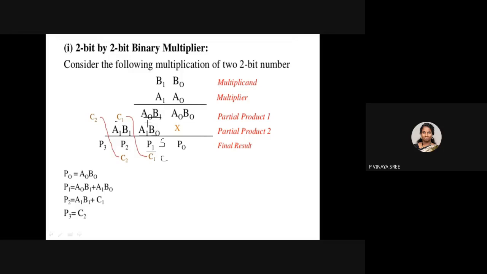So for the next half adder, what will the inputs be? This is your half adder. Now tell me the inputs for this one. One input is C1, and the other input is the output of the AND gate. What are the two inputs of this AND gate?